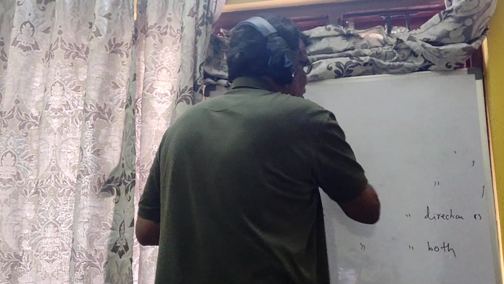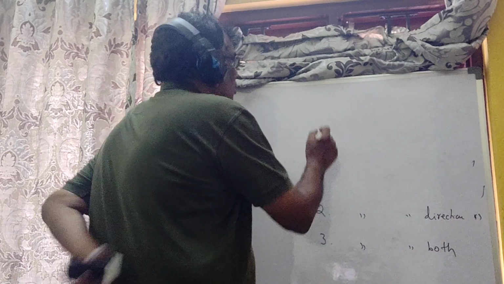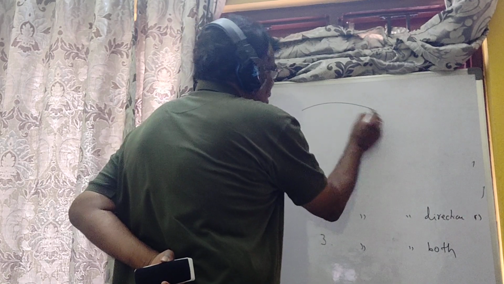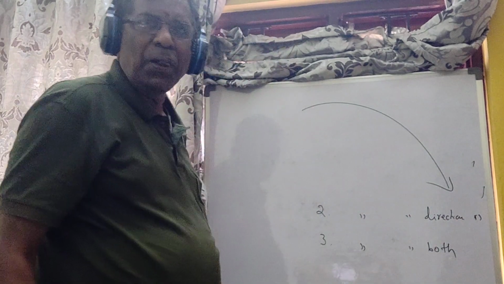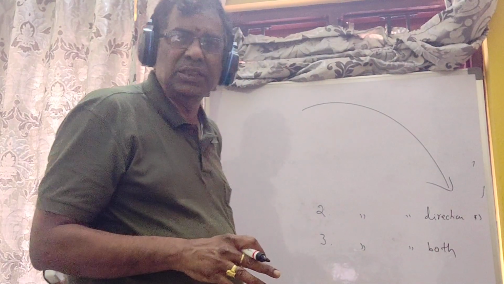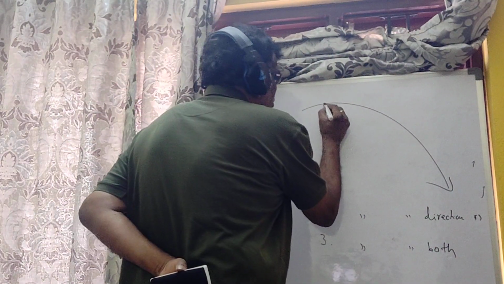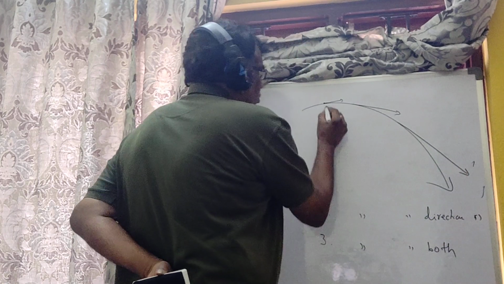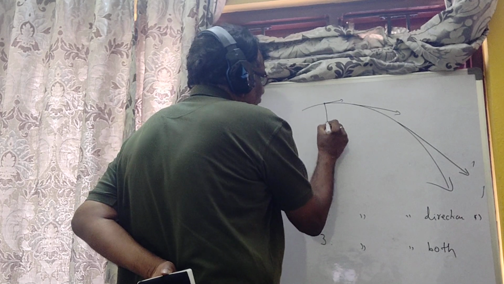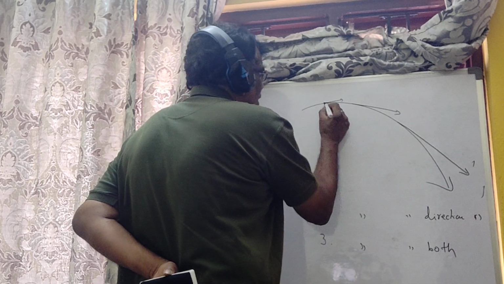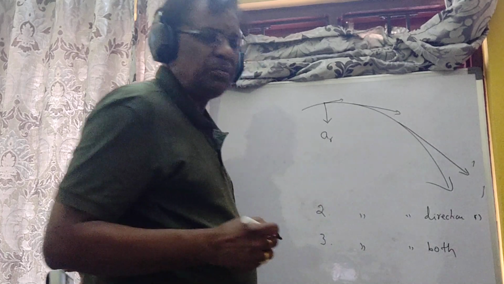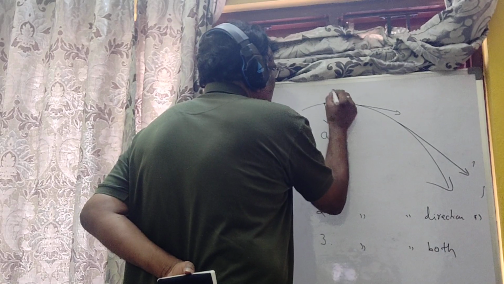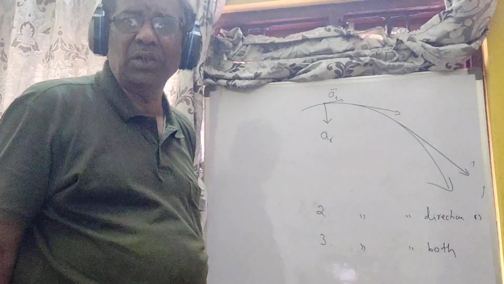Now go to the third scenario. What does the third scenario indicate? For example, this is how it is curvilinear. So the radial acceleration is bound to be present, but it is possible that the velocity may be increasing. At any point, if I take this as AR, and since the speed or the magnitude of velocity is increasing, there is a tangential acceleration also along the velocity.